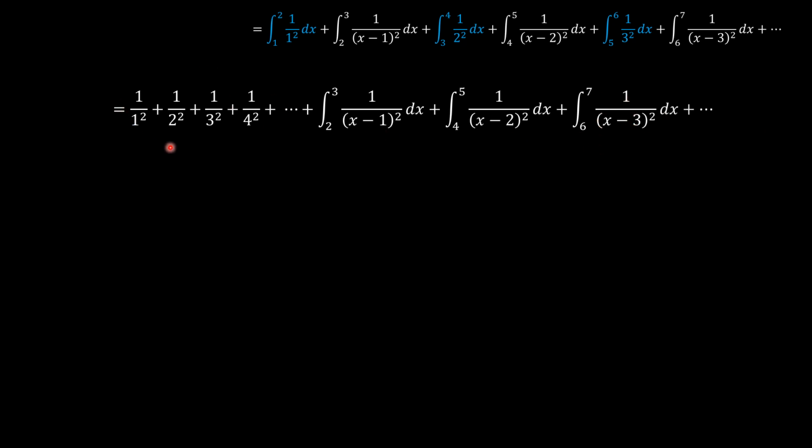Now this first summation here is what we call the Basel problem. So those will just add up to pi squared over 6. If you don't know what the Basel problem is, please, you could just go online and see what that means.